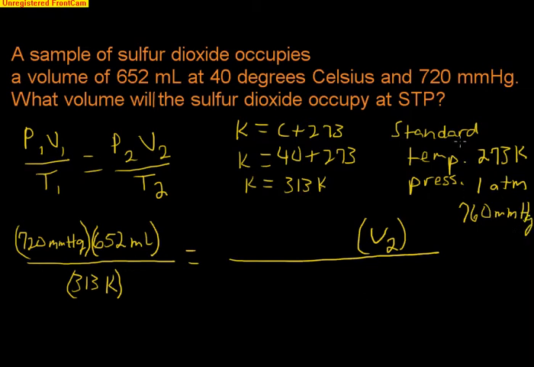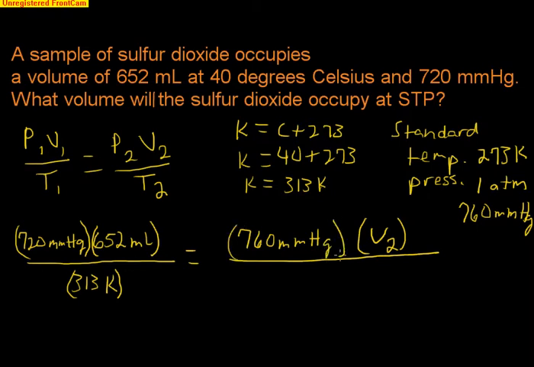So at STP, if I'm using atmospheres for my units, it's 1, but if I'm using millimeters of mercury, it's 760. So we're going to go ahead and put 760 millimeters of mercury in for our standard pressure.